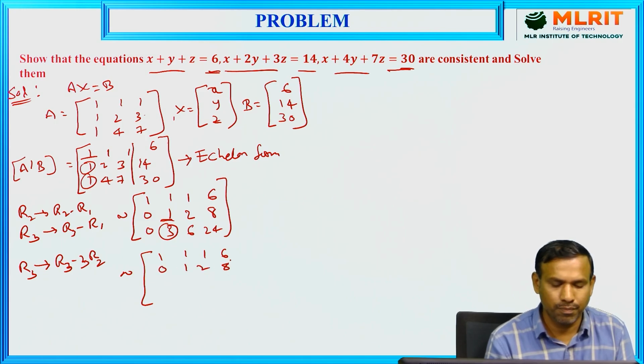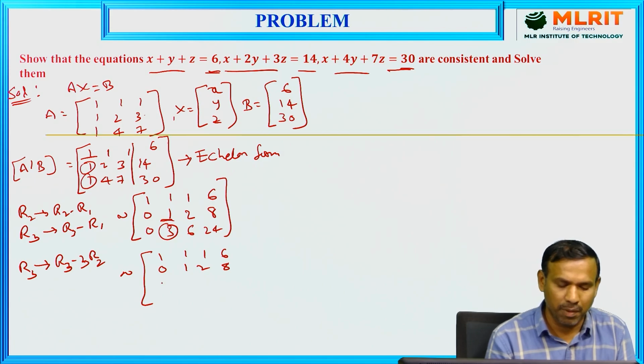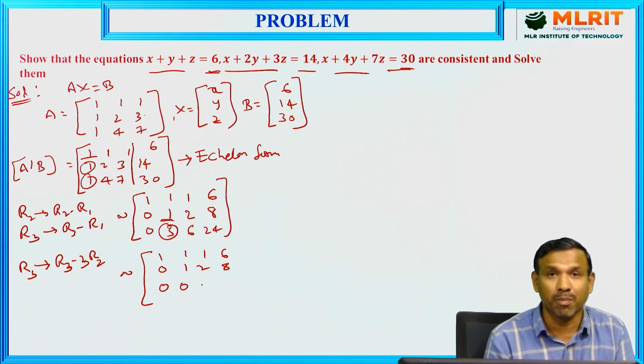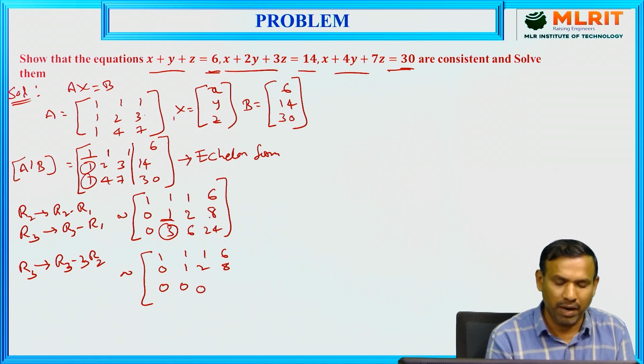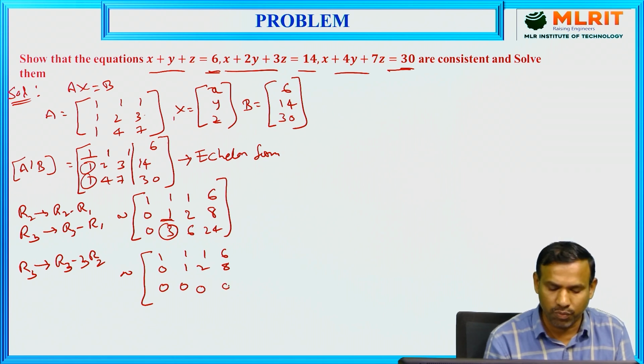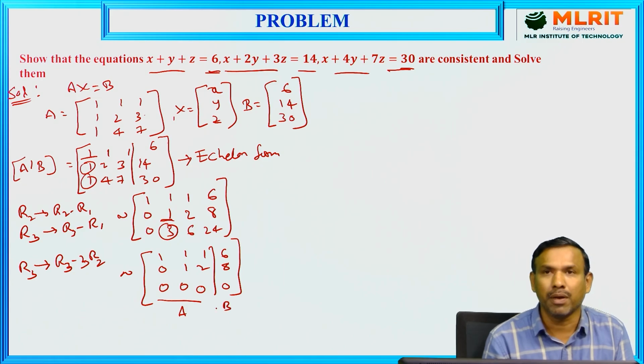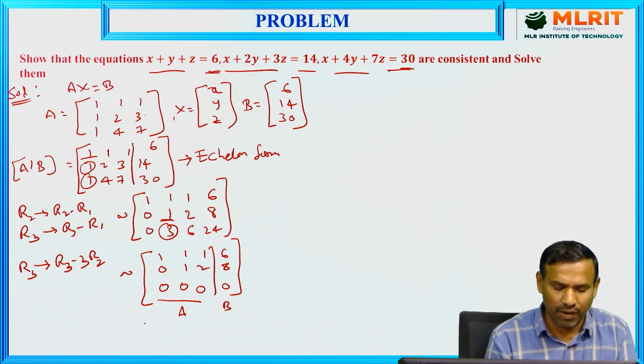Third row: 0, 3 minus 3 is 0, 6 minus 3 times 2 is 0, 24 minus 3 times 8 is 0. Now clearly it is in echelon form. If you consider the first 3 columns, that is the rank of A. If you consider all columns, that is the rank of A by B.